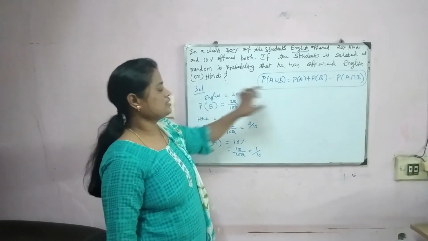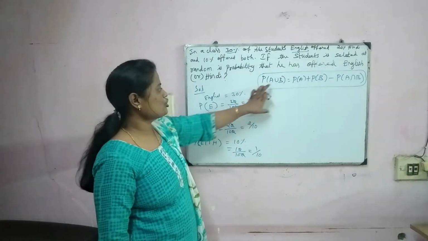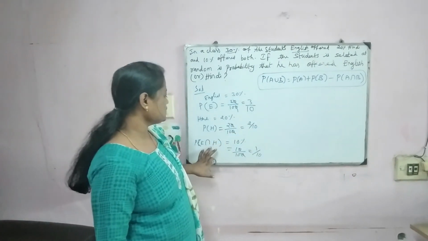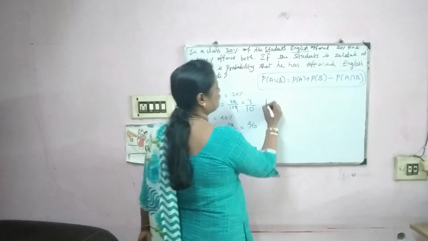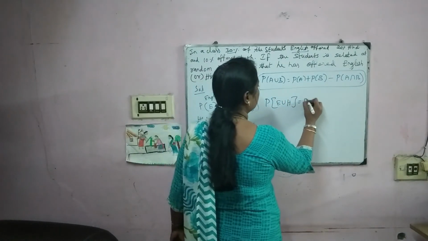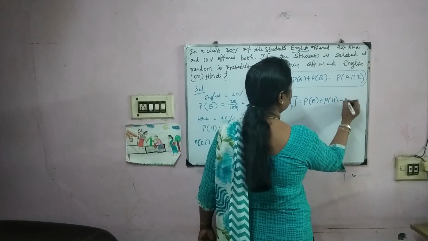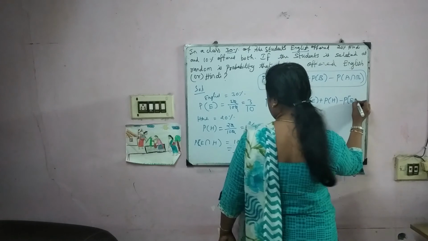English or Hindi means you have to apply union. P of A union B. Here instead of A and B I have taken E and H. So P of E union H is equal to P of E plus P of H minus P of E intersection H.